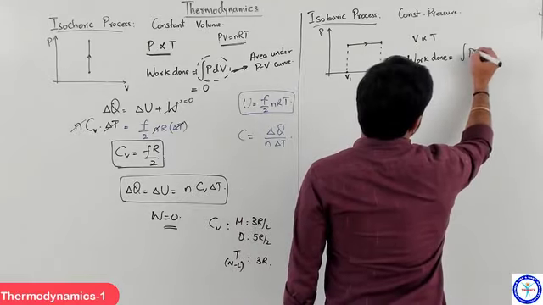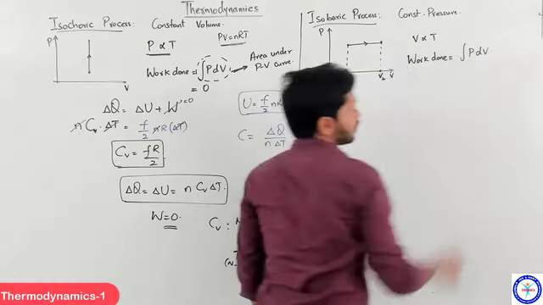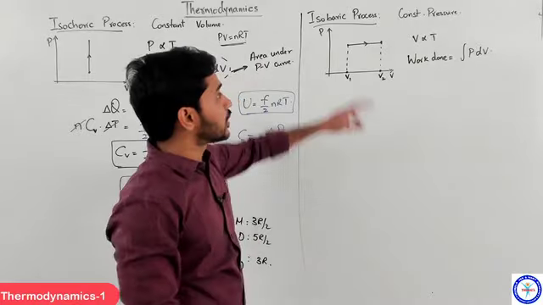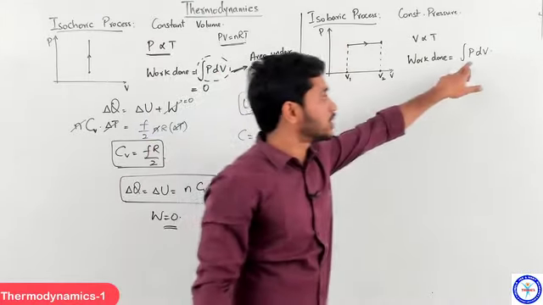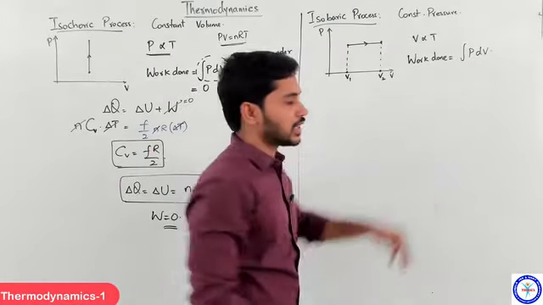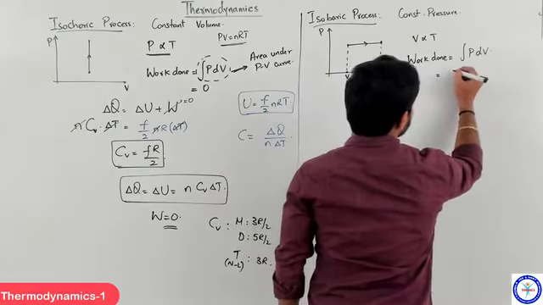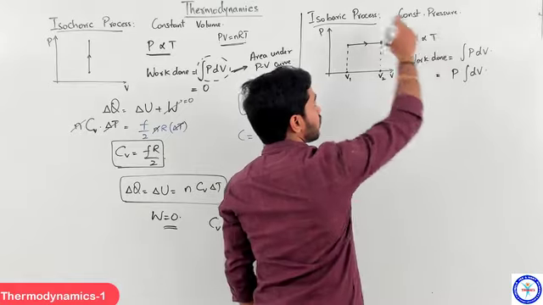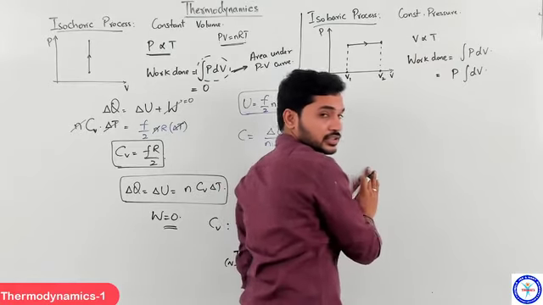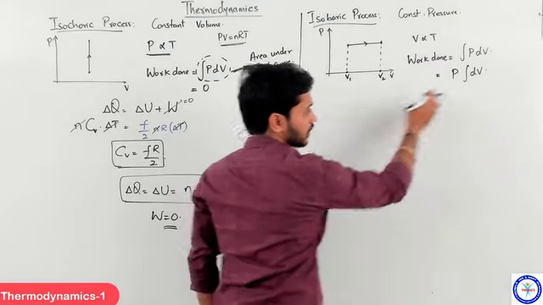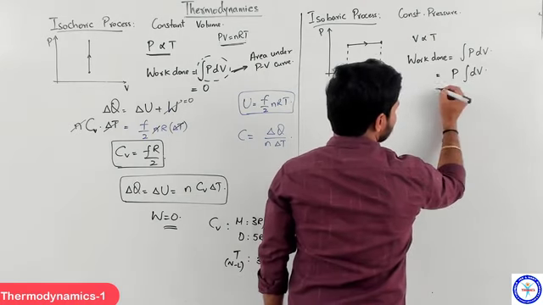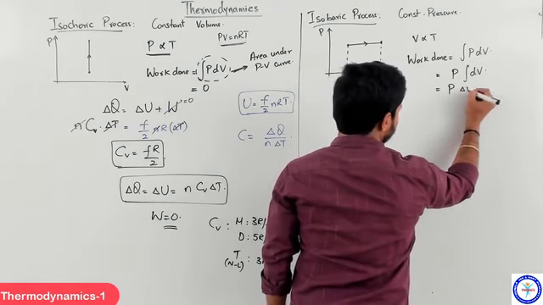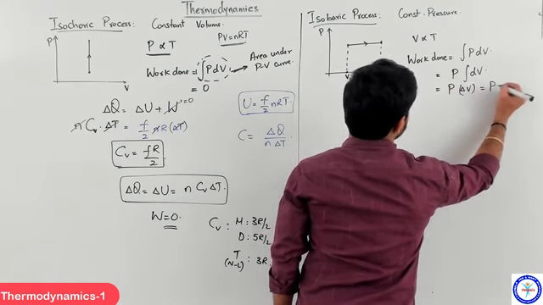The general formula is integral PdV, but because this is an isobaric process, I can bring the P outside the integral, correct? You can't do this for all the processes, you can do this only for a constant pressure process, correct, students? So P into integral dV, and you know that integral dV is nothing but delta V, or V2 minus V1.